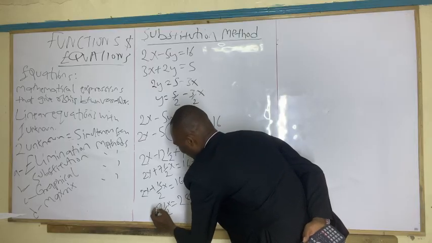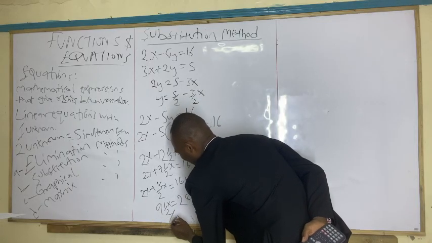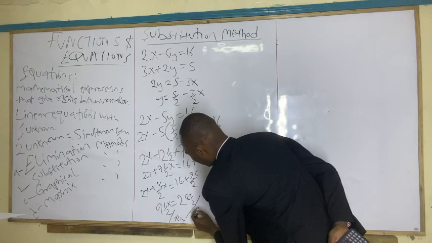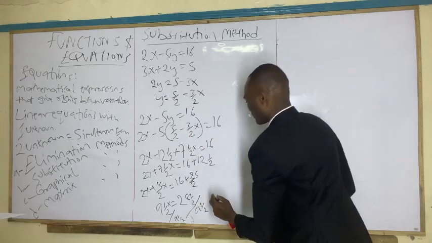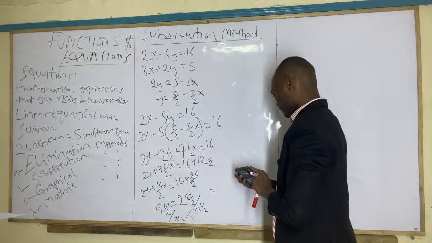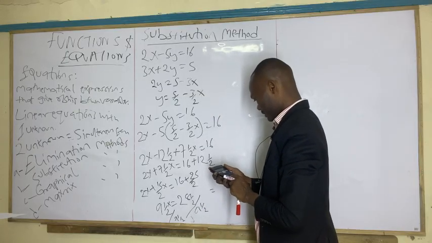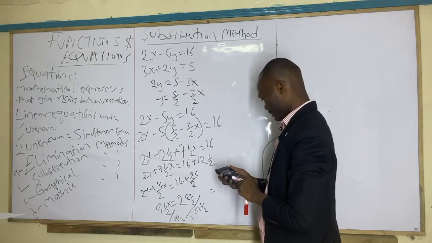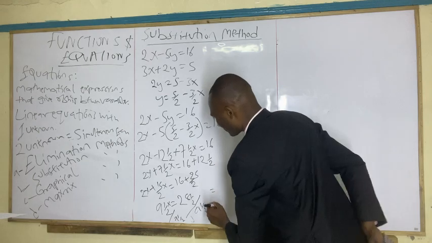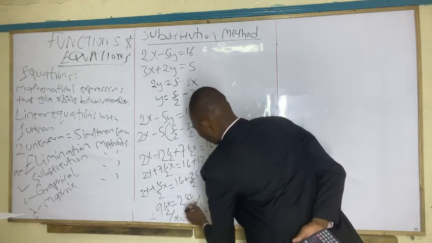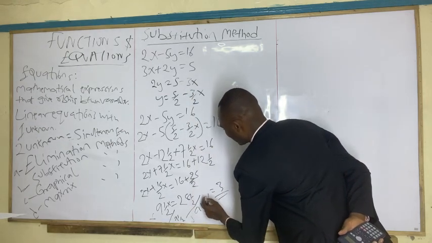So what do we do? We multiply by 9 and 1 over 2. So it's equals to 28 divided by 9 times 2, 18, 19. 19 divided by 3. So x is equals to 3.